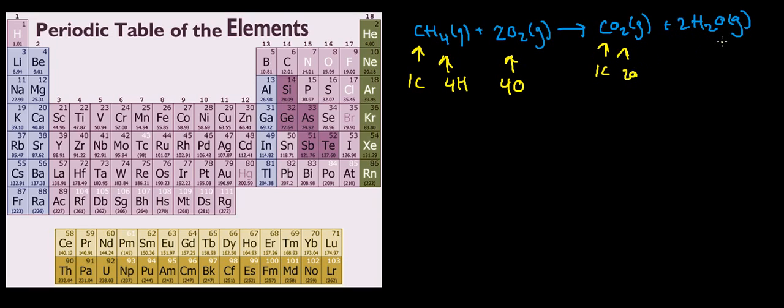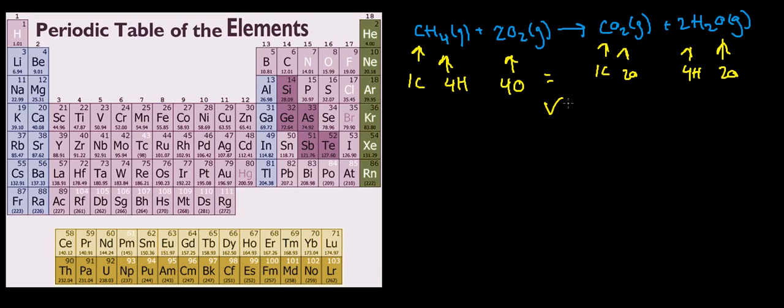So 2 oxygen, 2 oxygen, which gives a grand total of 4 oxygen. And then there are H2 times 2, 4 hydrogens. So when I add all of these up, I get equal amounts. So this is a balanced equation.